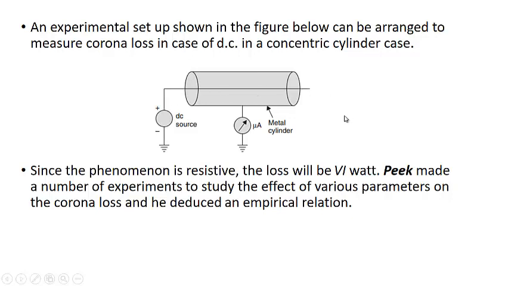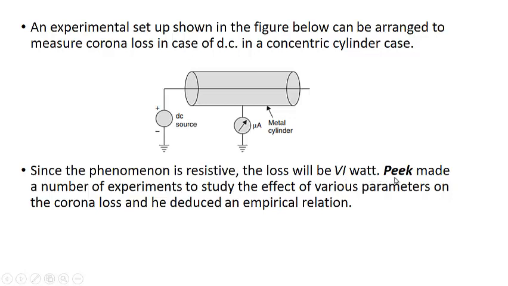Over here a load is connected, and then he connected an ammeter over here. At this point the ammeter measures the current that flows from this conductor to the ground. Since it's a DC case, or we can say it is resistive in nature, the power loss is a real power, and will be given by VI.